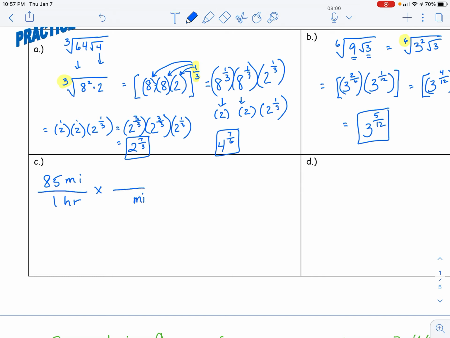Well, distance is miles, so I need to put miles down here. And I'm trying to get to, where am I going, did it say? We're at 85 miles per second. We want to go to miles per hour. Oops, I think I wrote something down wrong. I'm sorry. Per second, right? Yes, I'm sorry.